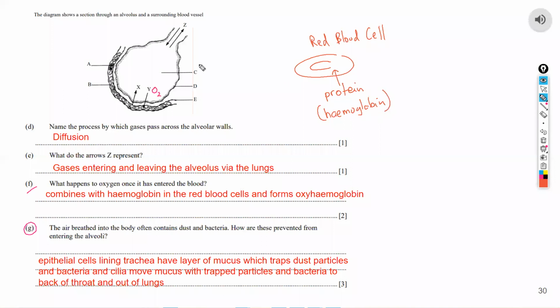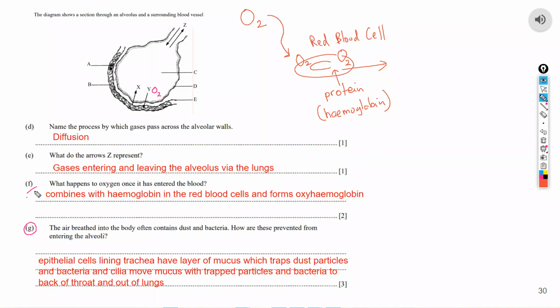What happens when the oxygen finally makes it into the blood? The red blood cells act like a taxi service. The oxygen will jump on the red blood cells. It is combined with the special protein. And once they combine, the red blood cell, the taxi, takes off and goes to the cells, right?